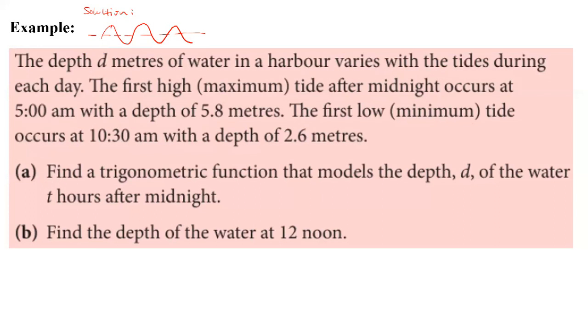We have some maximum and minimum values as d varies with t. So the function will have a form like d equals a times sine of k times (t minus m), plus c. We need to determine the values of a, k, m, and c, respectively.